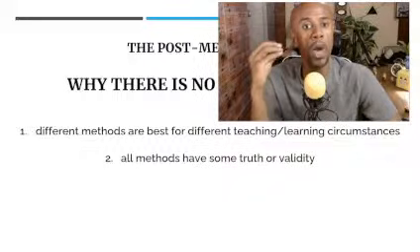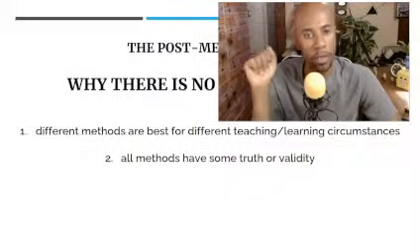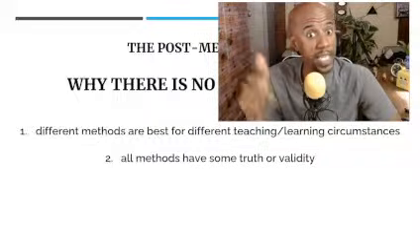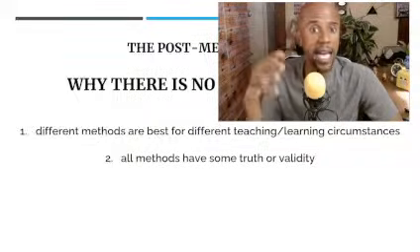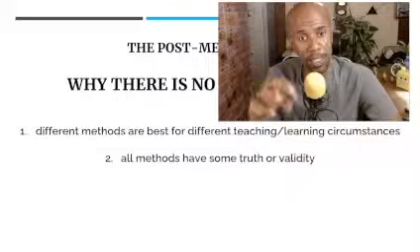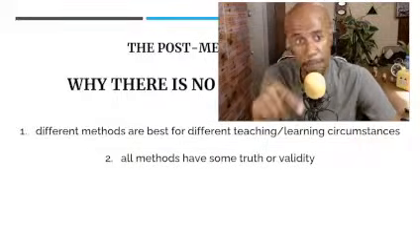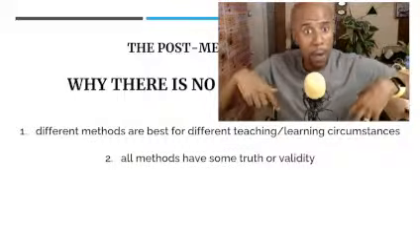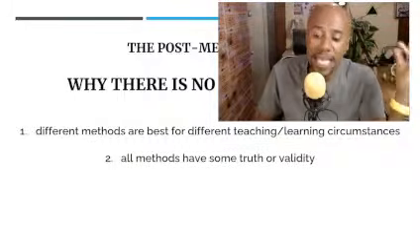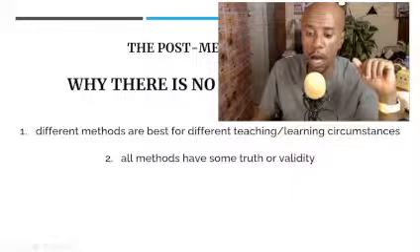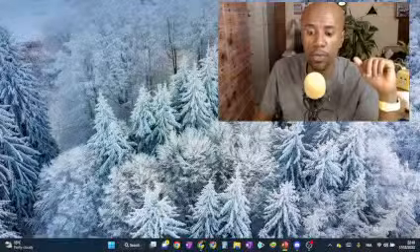The second reason why there is no best method: all methods have some truth or validity. There is no one method which is completely wrong, and we see that in the fact that many of the characteristics of the different methods we have seen together are still used by many teachers and learners all around the world.